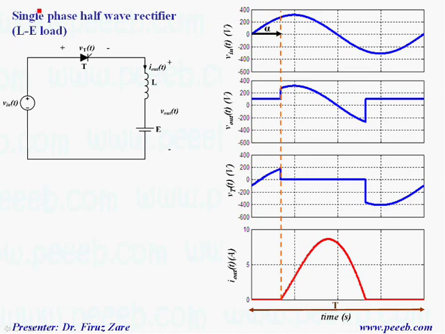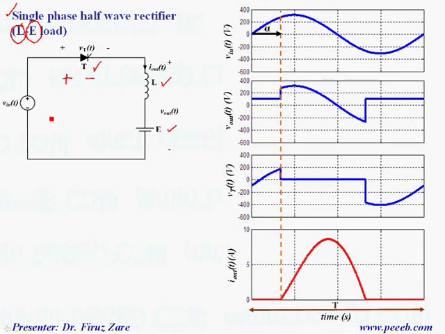This is a battery charger based on a single phase half wave rectifier, which basically consists of inductive load in series with the battery. This is the inductive load and this is the battery. When we apply a gate signal, we may turn on the thyristor and then charge the battery, but the key point is that we have to be sure that the voltage across the thyristor is positive when we apply the gate signal.